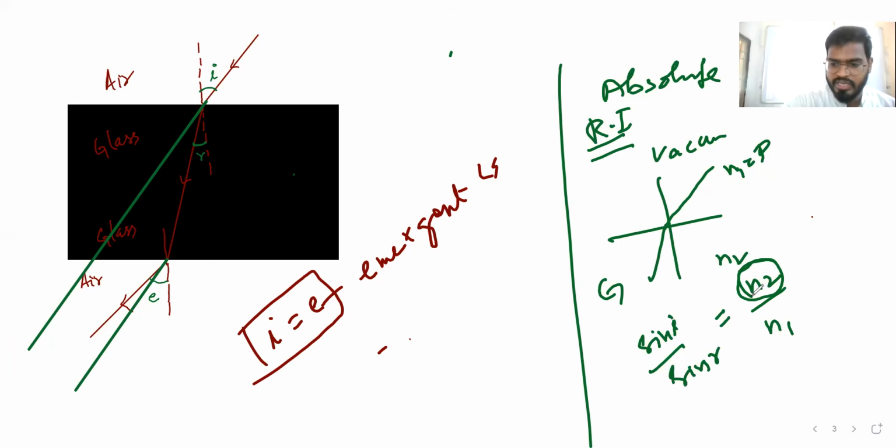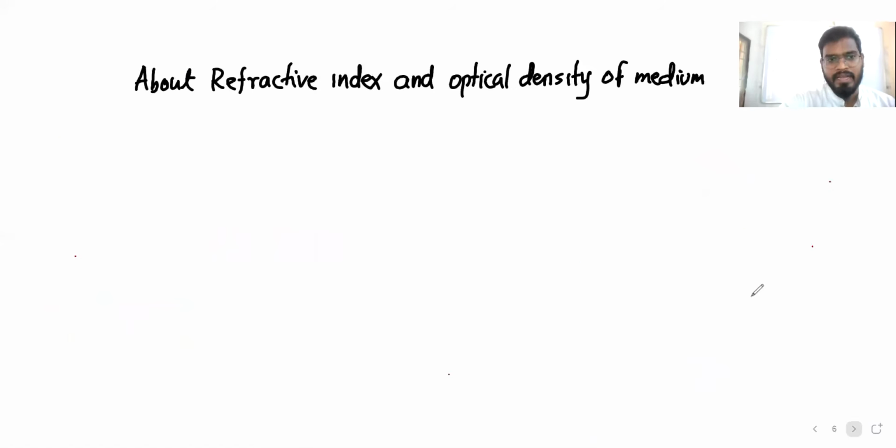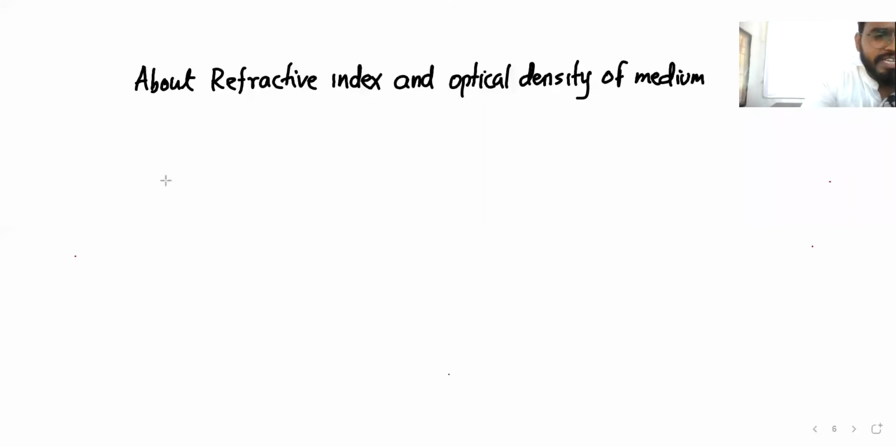What is that, absolute refractive index? Fine, now next is refractive index and optical density of a medium. I am going to do this with an example.